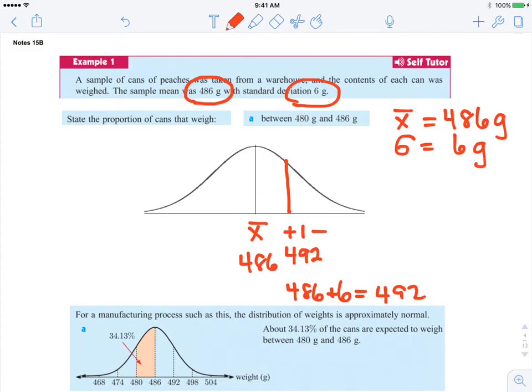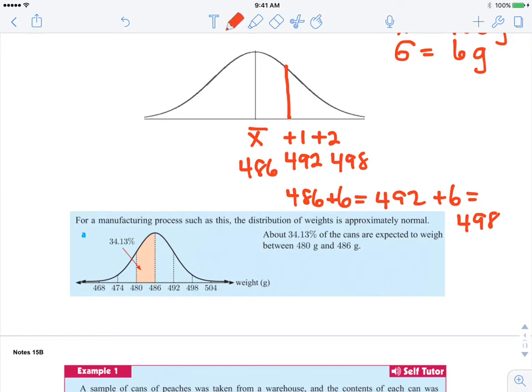If I want to go plus 2, I would take another 6 and add on to that, giving me 498. So what I've done to save us a little bit of time is I've identified the mean. This is plus 1, plus 2, plus 3, and then go minus 1, minus 2, minus 3.